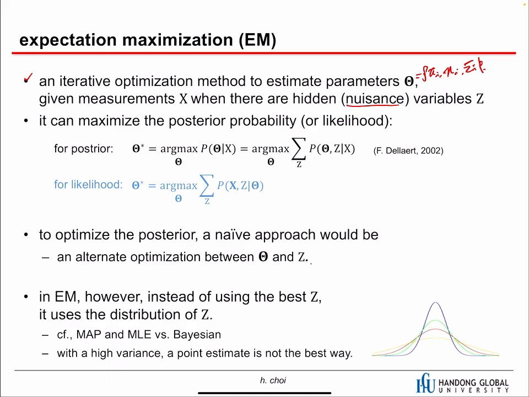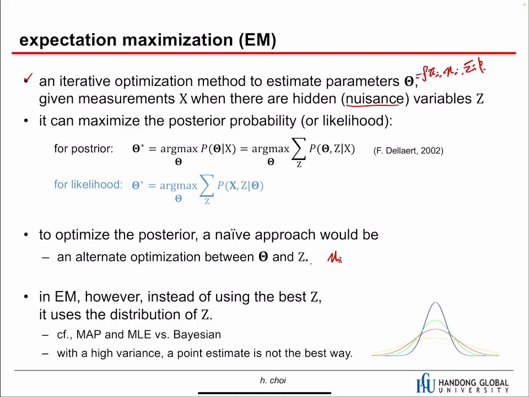That's what we did in the K-means algorithm, right? We assigned z and then we updated the parameters. Again, in K-means we had only one parameter, mu_i, and we didn't care much about the variance. So it's quite a simple model.